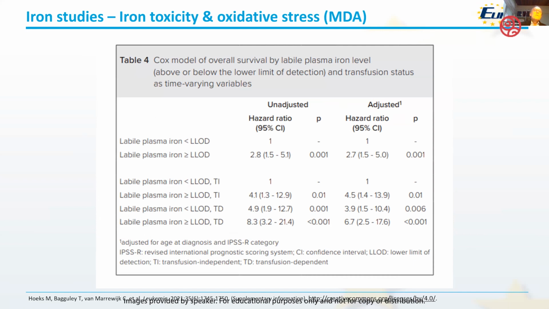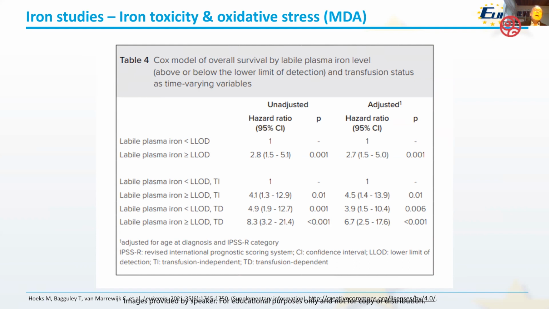Next slide, please. Low risk patients who have labile plasma iron detected have, after adjustment, around 3 times more risk of dying earlier than the control group who do not have labile plasma iron.